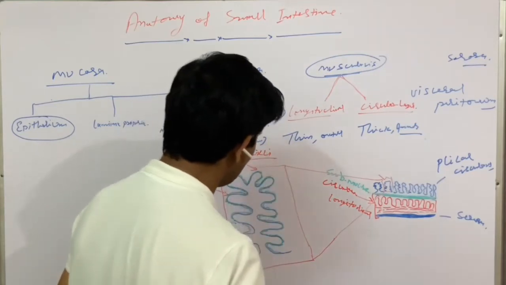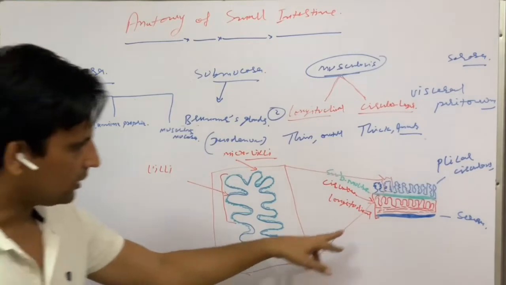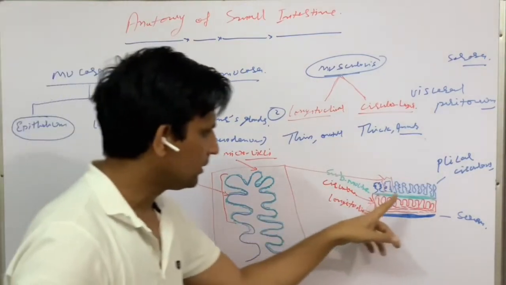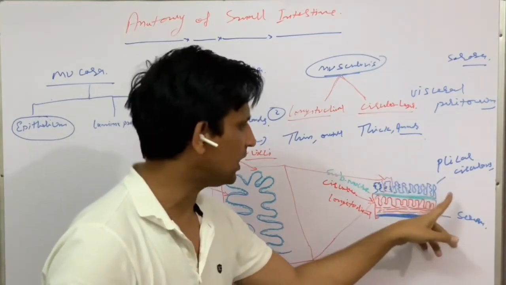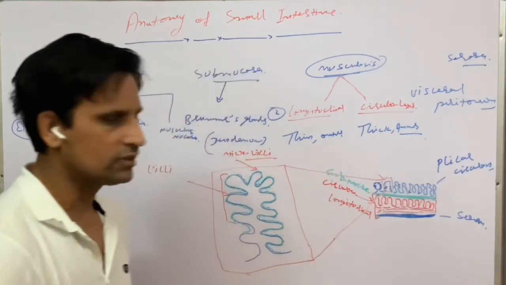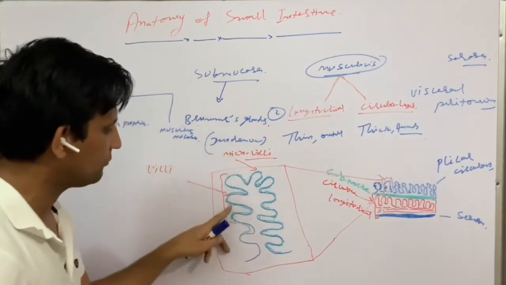Villus is singular and villi is plural. We are talking about the mucosal layer. There are some circular folds in the mucosa, and these are known as the plicae circularis. On these folds there are also subfolds, and these subfolds are known as the villi.